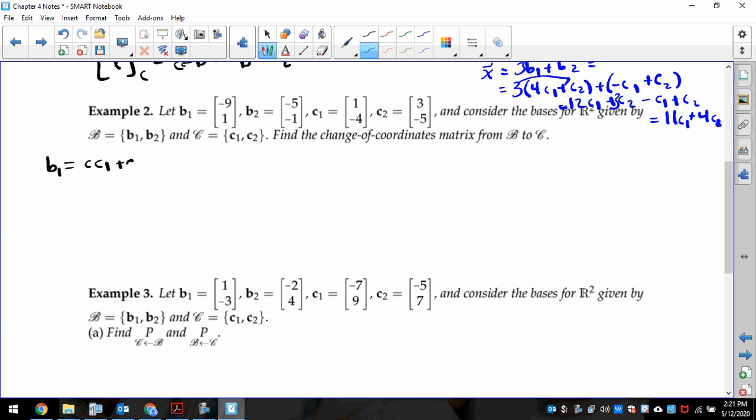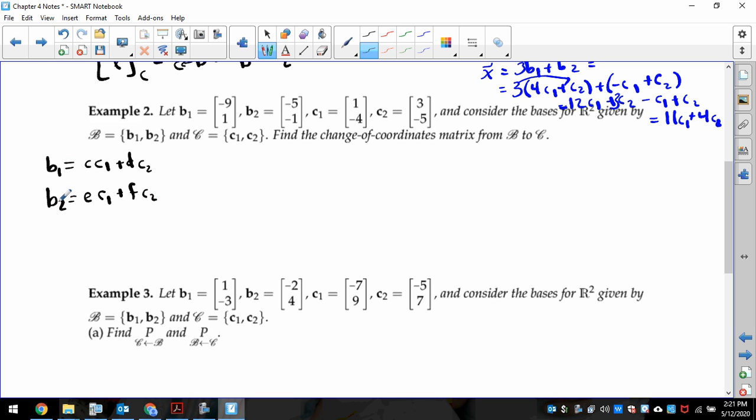C1, D, C2, something like that. So you have B1 written in terms of C1 and C2. And this would give me the C coordinates of B1. And then we want to do the same thing for B2. We want to find E, C1, and F, C2.